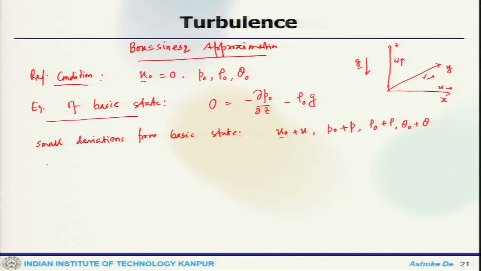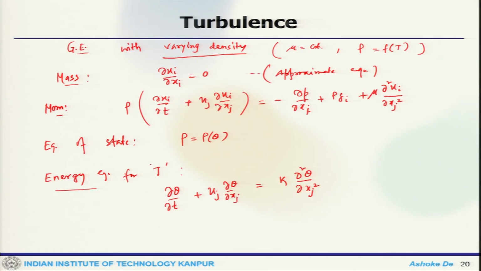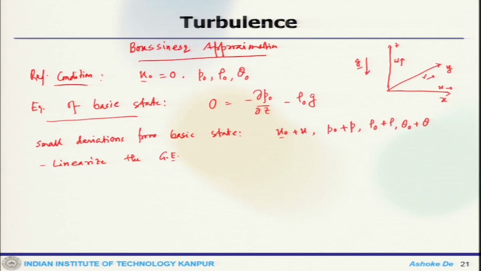Now, we linearize the governing equations. So, the equations that we have written here are mass, momentum, and energy for temperature.